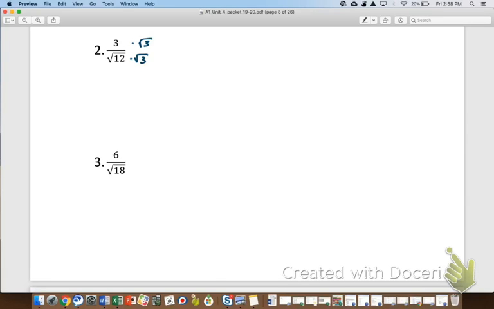So once you erase the square root of 12, there's a little bit of simplifying that can still happen.